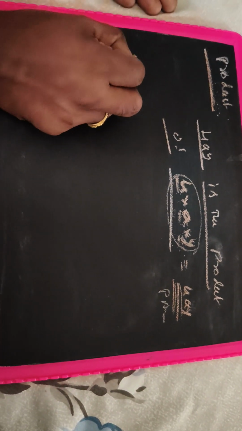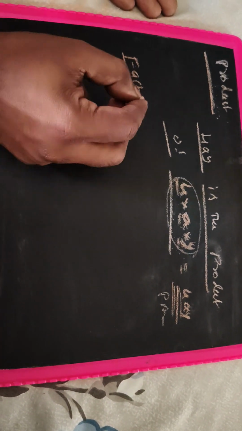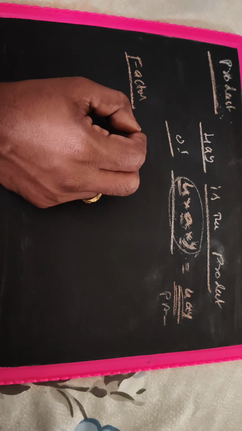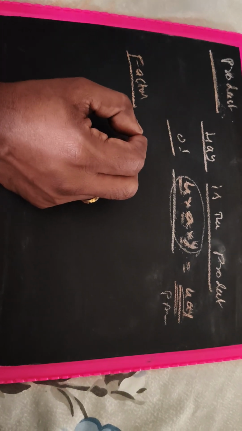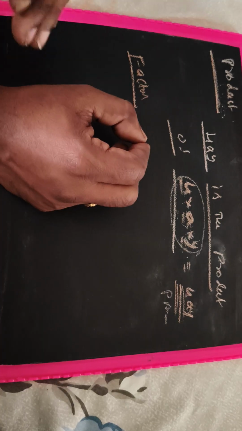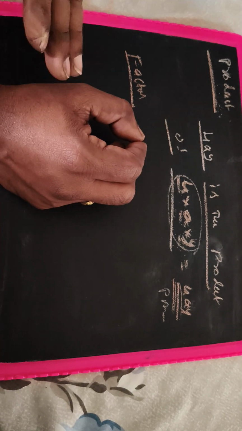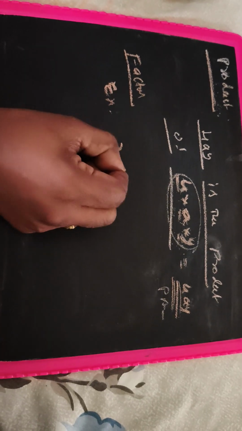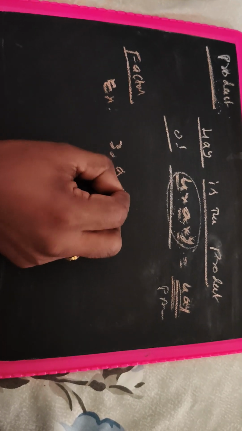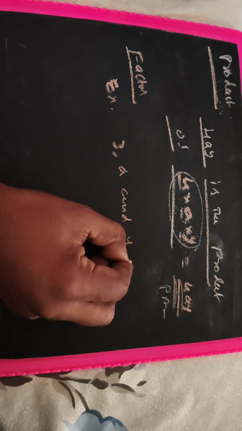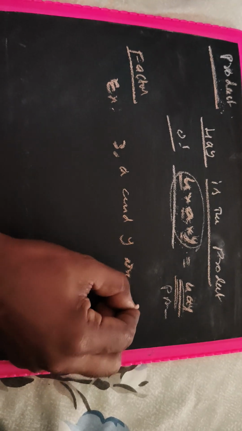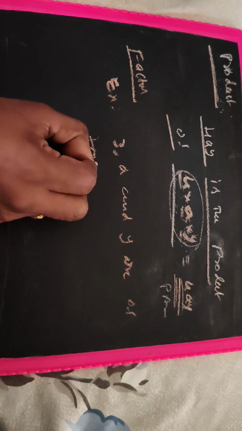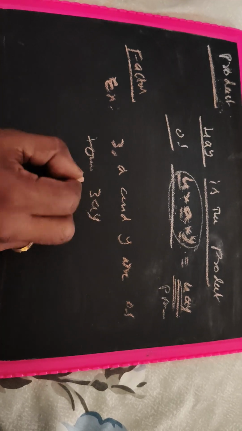Next, factor. Factor means each of the quantities multiplied together to form a term is called a factor of the term. For example, 3, a and y are the factors of the term 3ay.